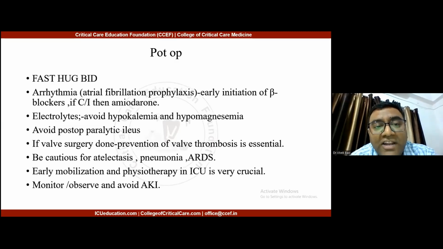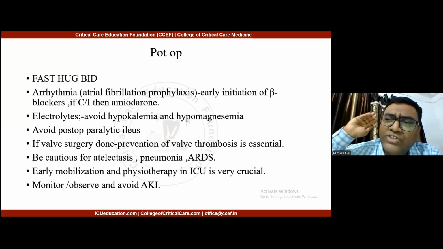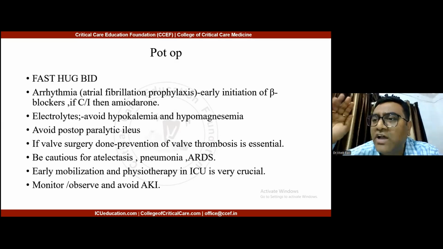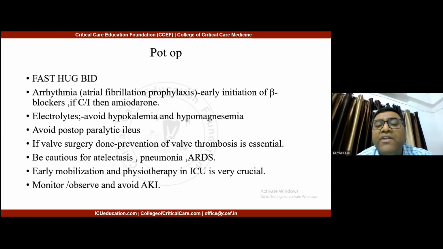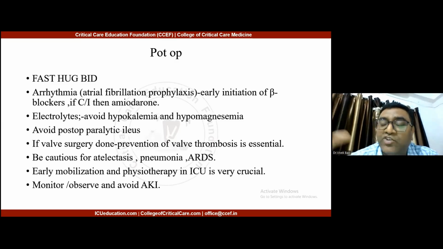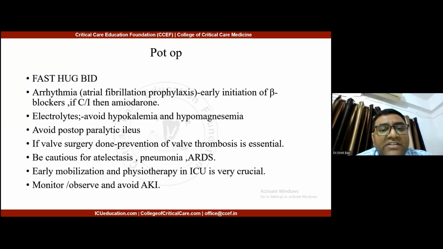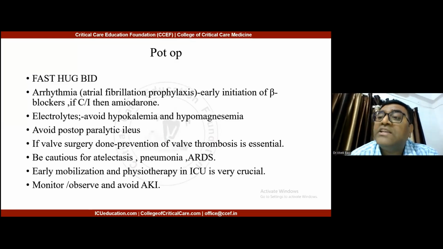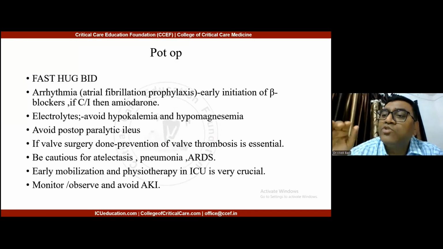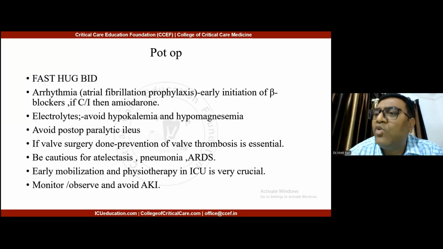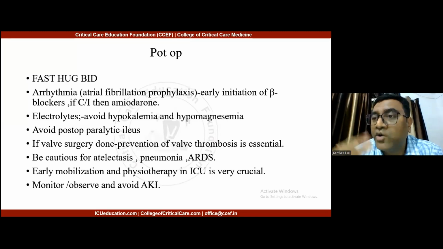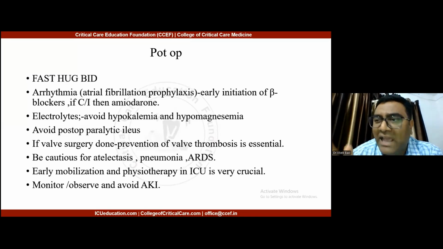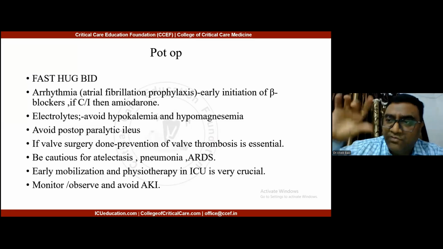Try to prevent arrhythmia, because most of the patients are highly prone to arrhythmia, particularly atrial fibrillation. Early initiation of beta blocker, and if it is contraindicated, then go with amiodarone accordingly, considering BP and thyroid status of the patient. Always try to avoid hypokalemia and hypomagnesemia, as we discussed earlier, because most of the patients are on diuretics, and most of the patients undergoing CABG are diabetic.